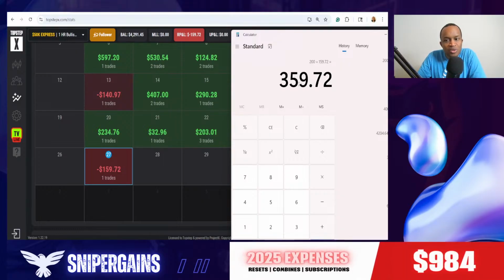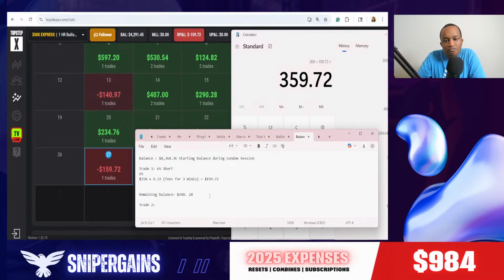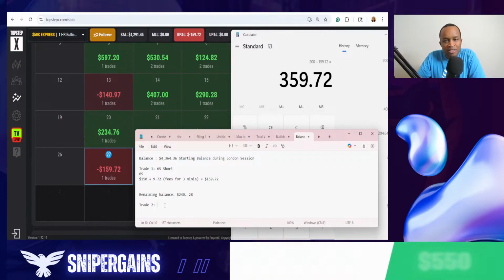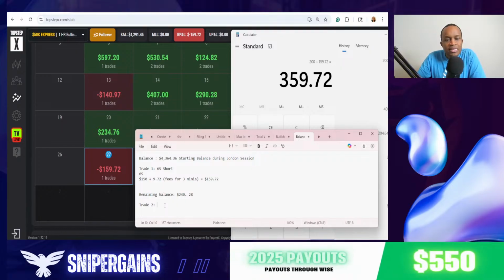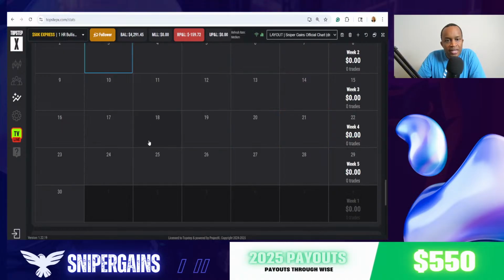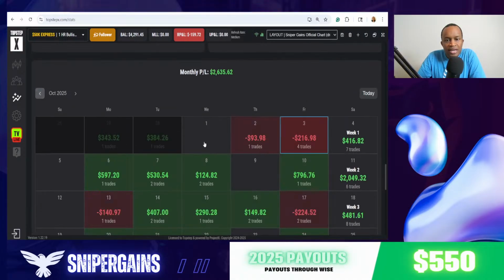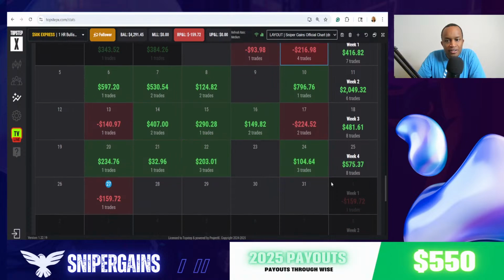Depends on how many contracts we have to use, but ideally that would be the target, like a $400 to a $500 profit. That way, if we can catch something about 400 to 500, then we would be above the 200 requirement for the day.